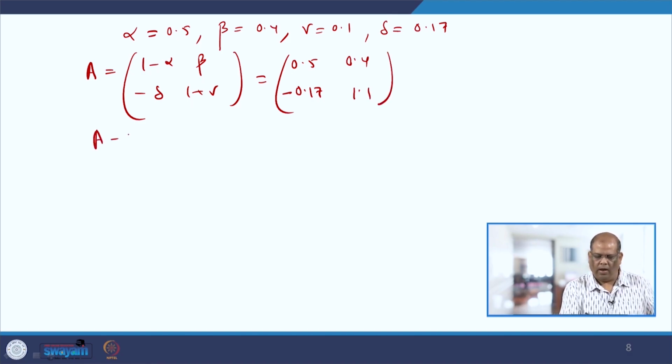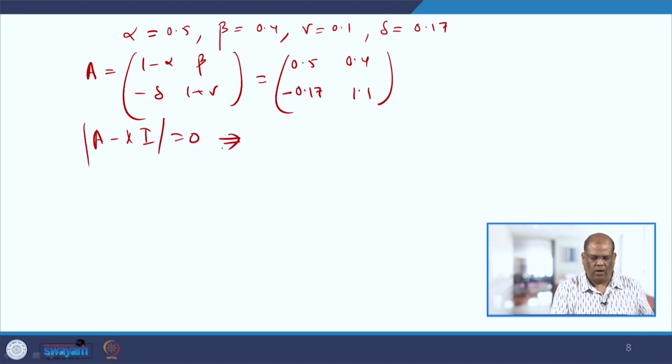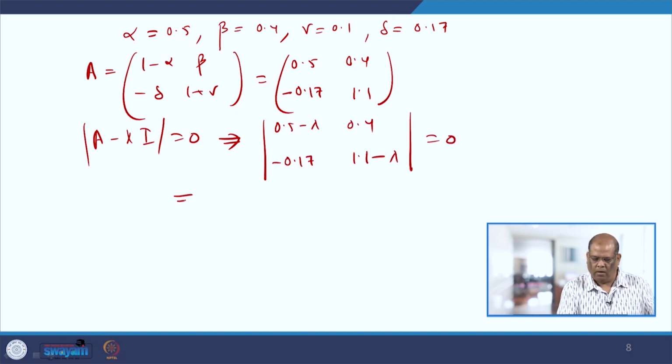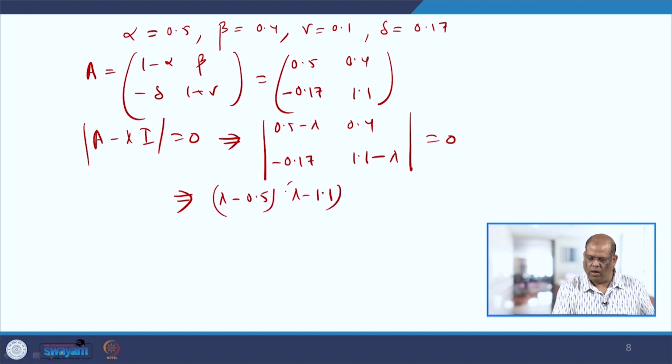And the determinant of A minus lambda I will give 0.5 minus lambda, 0.4, minus 0.17 and 1.1 minus lambda. If you solve this, you will get (lambda - 0.5)(lambda - 1.1) + 0.068 = 0.